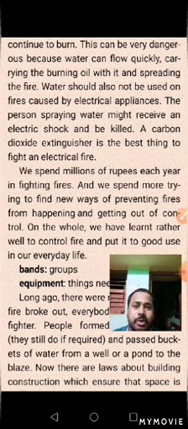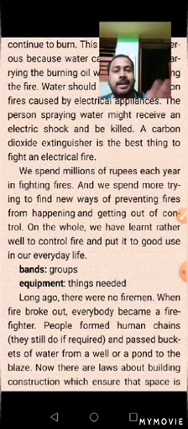So you must be careful about it. So what is the best way to fight an electrical fire? Carbon dioxide. A carbon dioxide extinguisher is the best thing to fight an electrical fire.